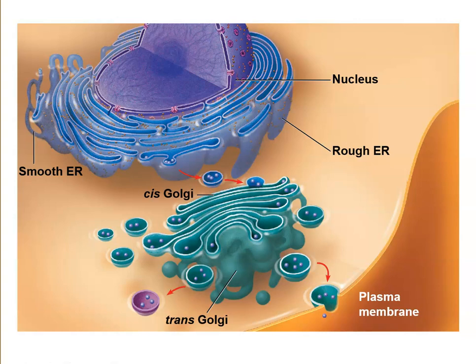Okay, so let's continue the story of what would happen to something leaving the nucleus and going into the adjacent rough endoplasmic reticulum. So that something would be a messenger RNA, carrying with it a piece of the genetic code in a form that can be made into a polypeptide, and ultimately that could become a protein.